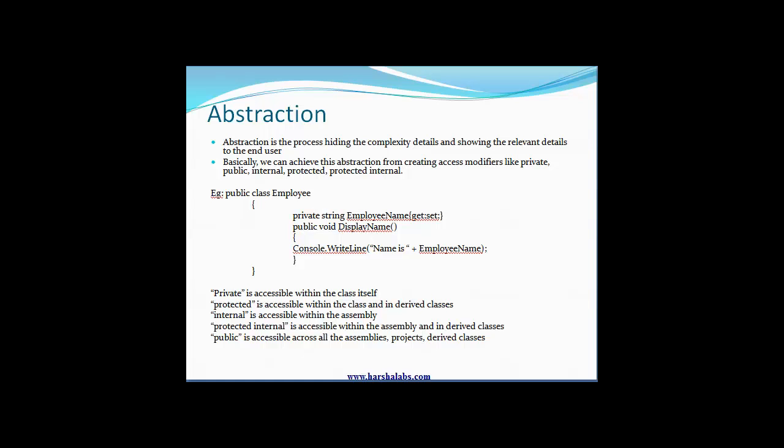Protected is accessible within the class and in the derived class. Internal is accessible within the assembly of the project. Protected internal is accessible within the assembly and in the derived classes. Public is a global component. It can be accessed from anywhere, across assemblies and projects, and in the derived classes.